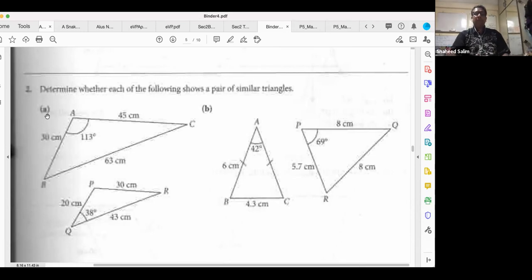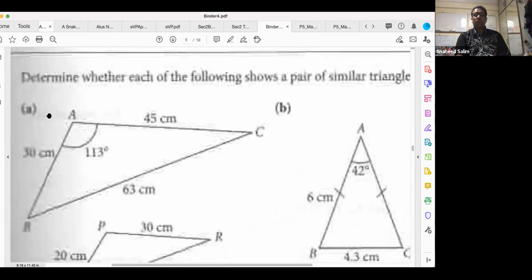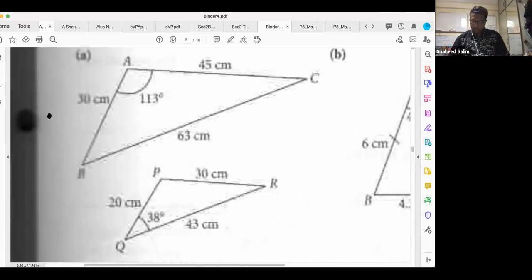Okay, we try A first. Do you think it is similar? They're asking you, is this similar for question A?